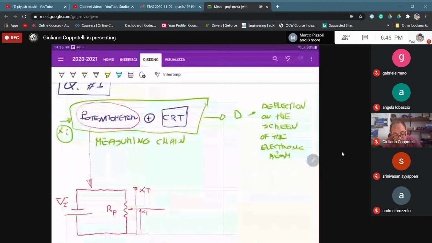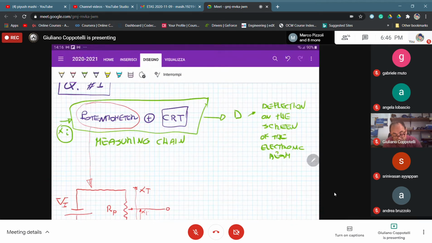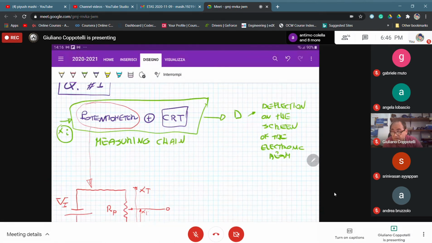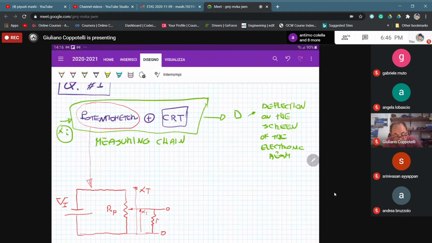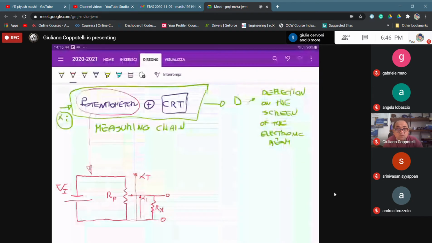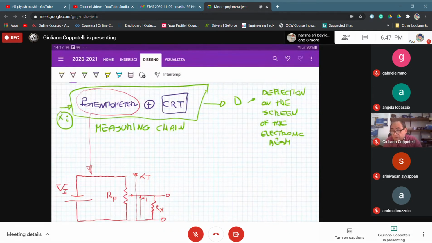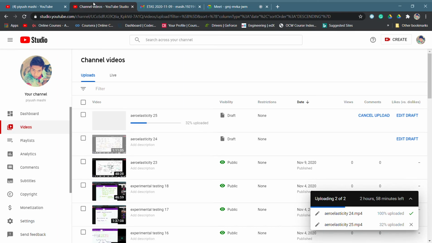Because of that, we can measure the output tension, but in order to measure that, we need a measuring device, and then we have to introduce an additional resistance, Rm, in order to have the output tension. This output tension was called E output.